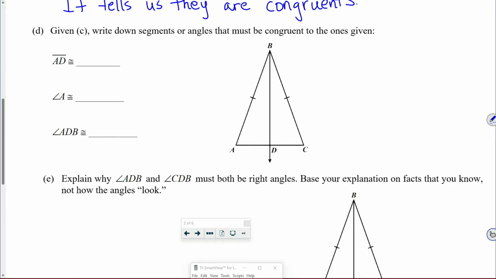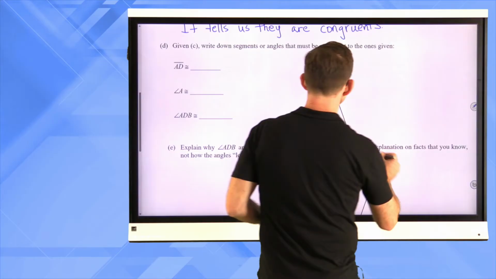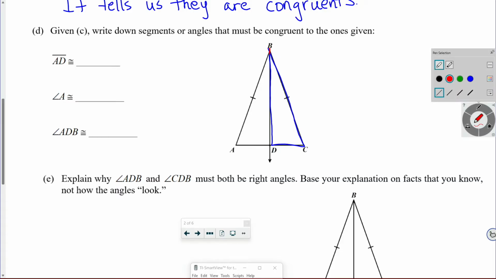Given C, in other words, given the fact that those two triangles are congruent, write down segments or angles that must be congruent to the ones given. Keep in mind that this triangle, and let me do it in a different color, and this triangle, of course it's going to overlap there, are identical.